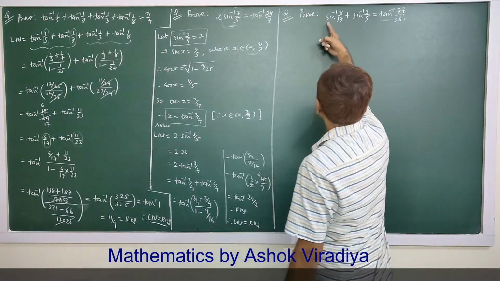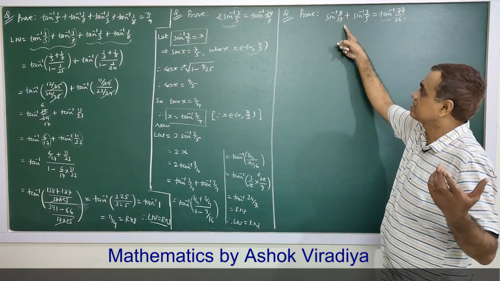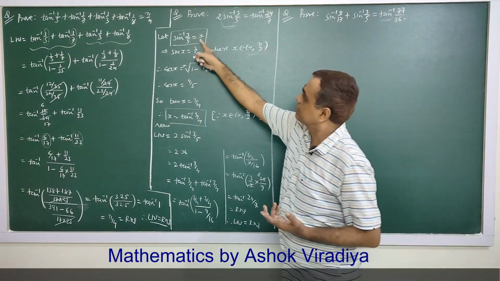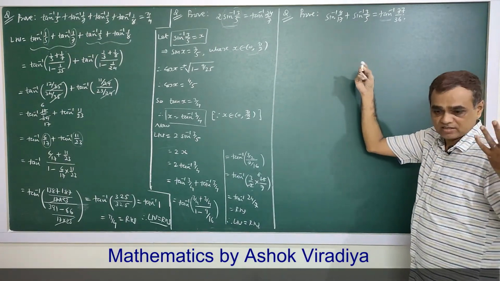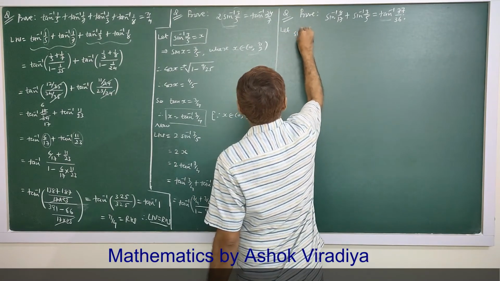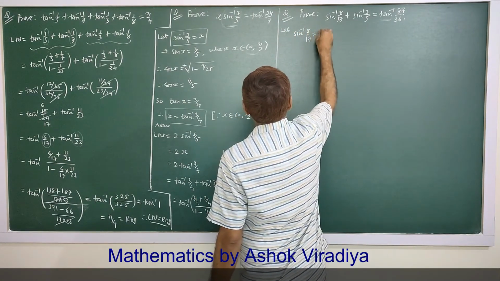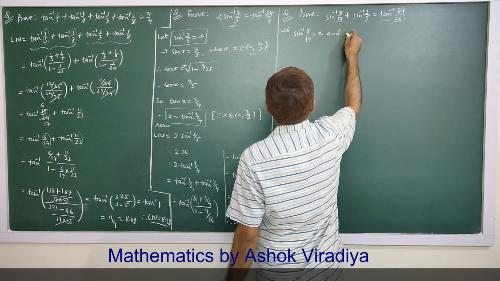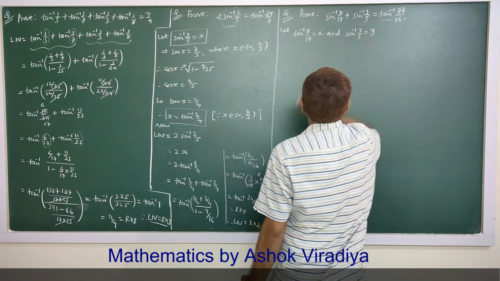Because here there are two distinct numbers, for this number we suppose x as we did here, and for the second number we suppose y. So let sine inverse 8 by 17 be x and sine inverse 3 by 5 be y.